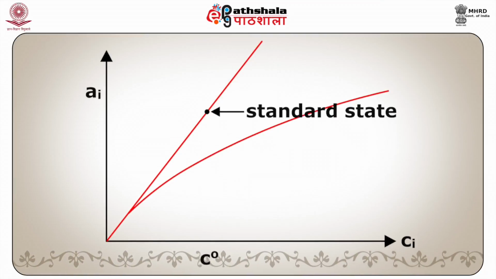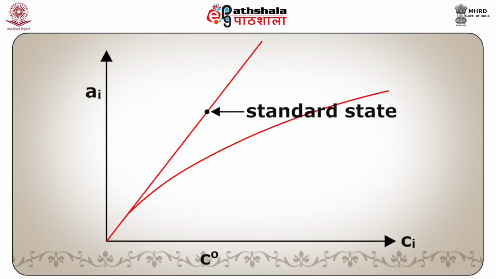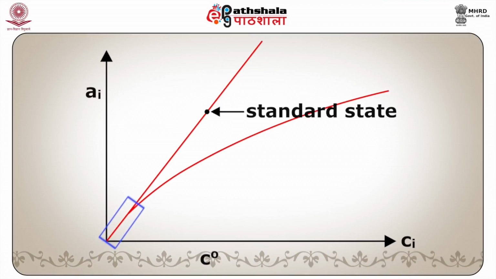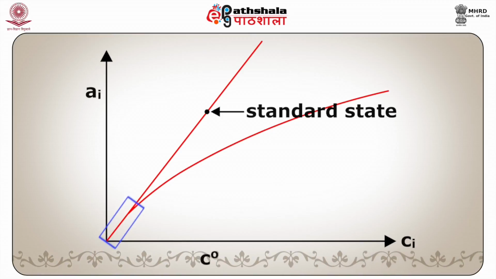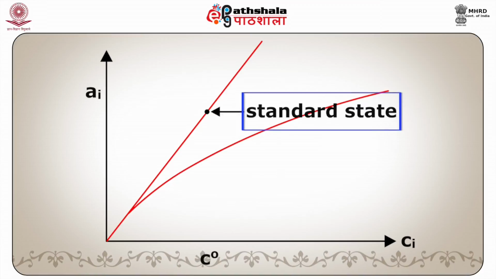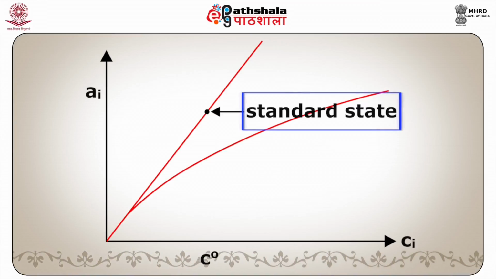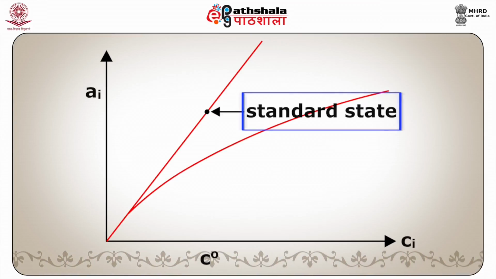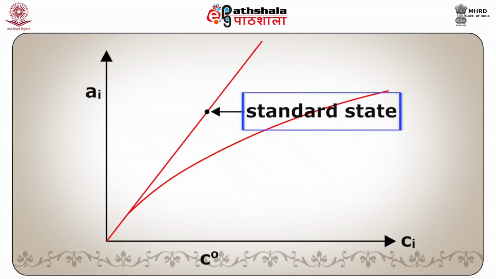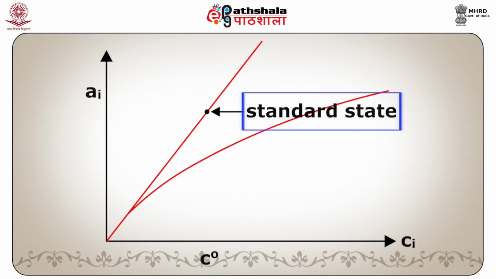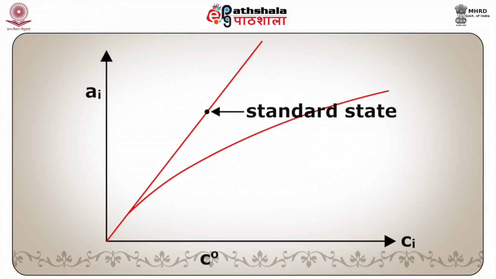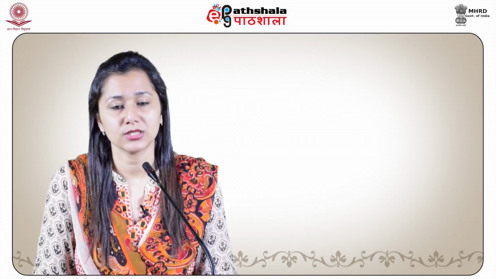If we plot a graph between activity and concentration, the region of linearity is rather limited, especially for ionic solutes. The standard state is chosen as a hypothetical state which corresponds to the behavior of solute at standard conditions C0 in order to maintain the linear relationship up to that concentration. This is depicted in figure, which is the plot of activity with concentrations.